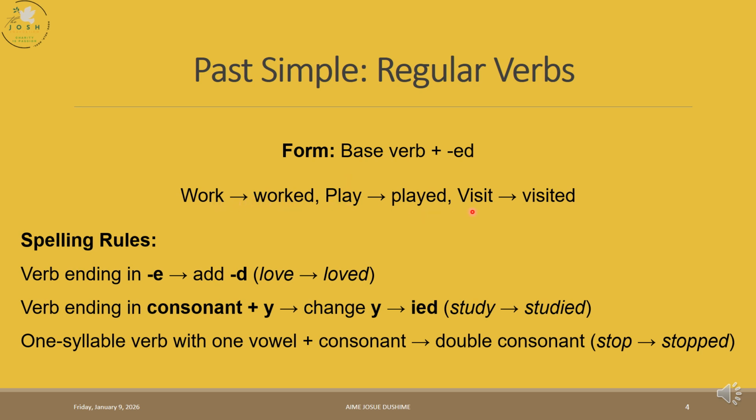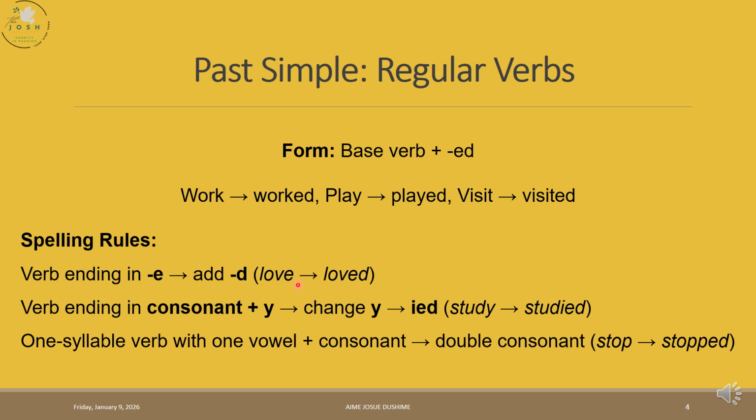Play, played. Visit, visited. And when we have a verb ending in the letter E, like love, like, drive, no, drive is irregular. Approve, improve, employ.